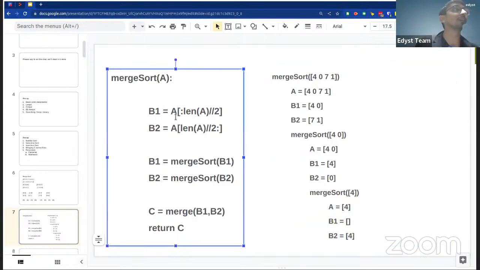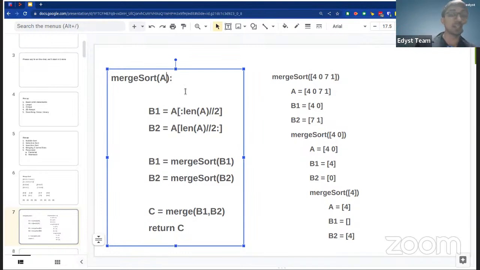This is what we will do as the base case of recursion. Yesterday, factorial. When do we stop in factorial? 0. Because 0 factorial is 1. So the moment we found 0, we are returning 1.